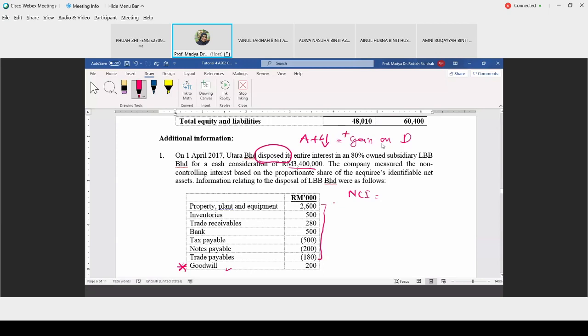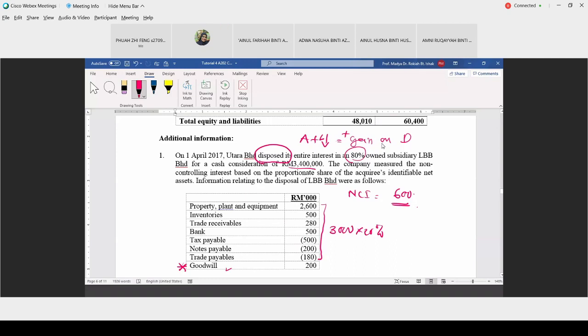Altogether you are going to have 3,000, 300. The 300 is your total net assets here. The NCI has 20%, so the value of the NCI here will be 600. This is what we need to calculate, and later on we need to use this information.